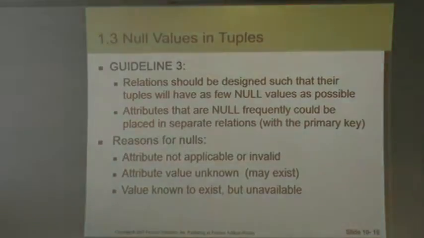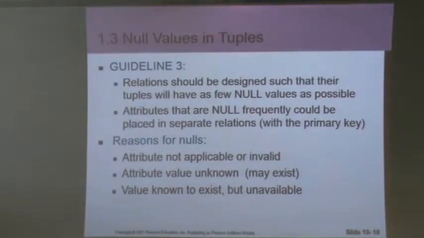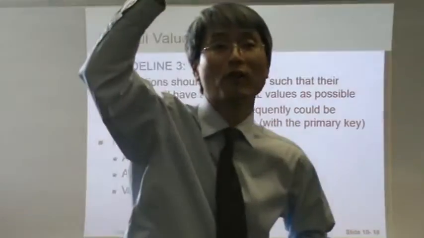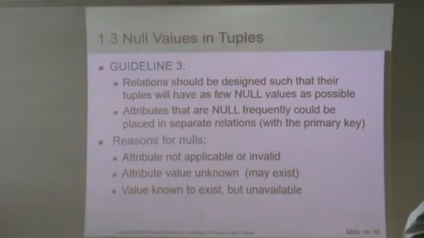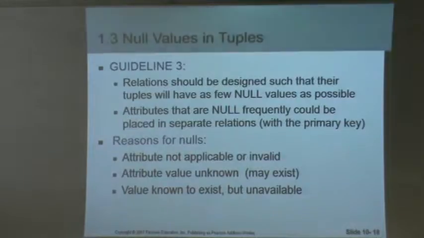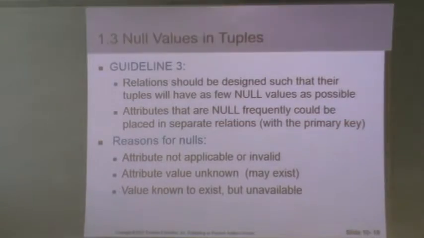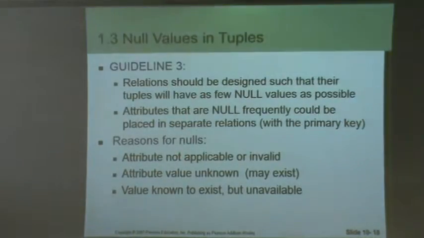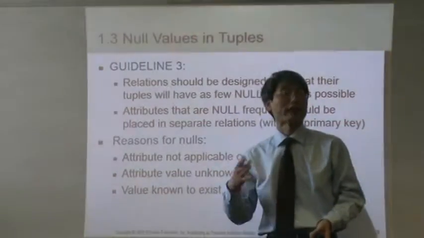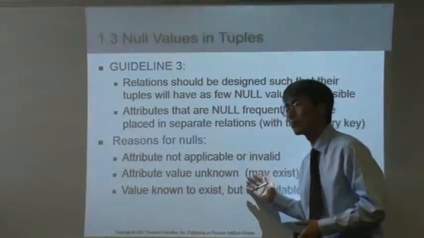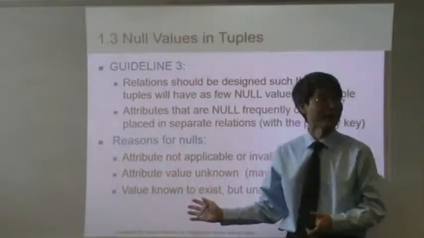Okay. The third one is also very simple. We already discussed the measurement of the quality of the database design: as few nulls as possible. We try to have as few nulls as possible, not only because null is not a general data structure, but it can waste space.